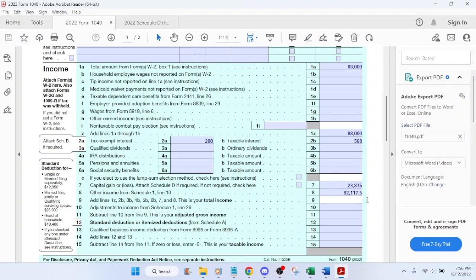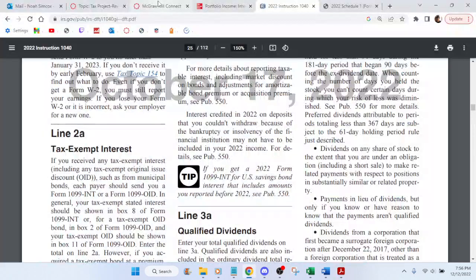Because the AGI before considering the rental income is going to, oh, wait a minute. Hold on a second.